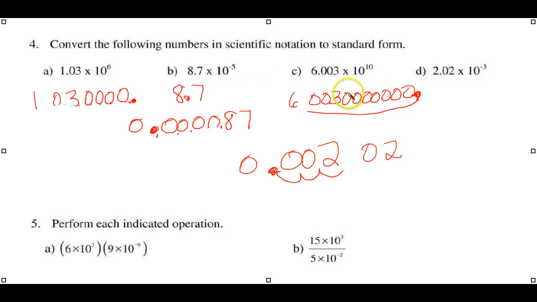Sometimes it's a little tricky because you might do something and it's not quite in scientific notation. But let's go on to number 5. Now here as we do it, we're going to multiply this and get 54 times, and then we do this where we just add the exponents, and that's 10 to the 5th, 10 to the negative 9, which gives us then 10 to the negative 4.